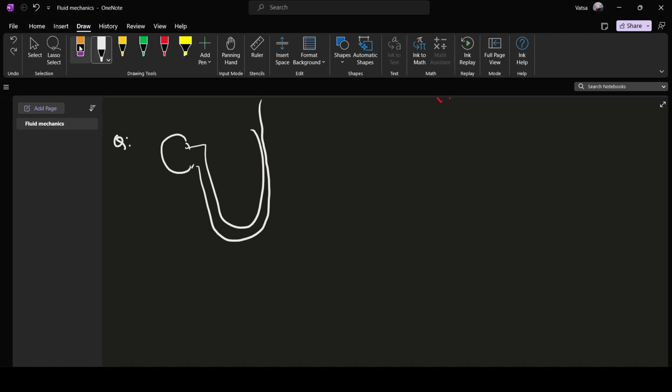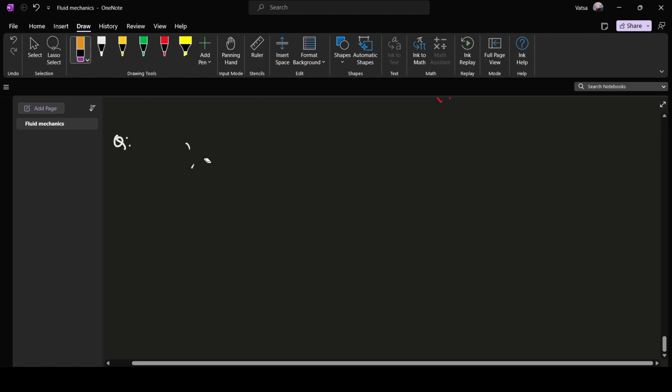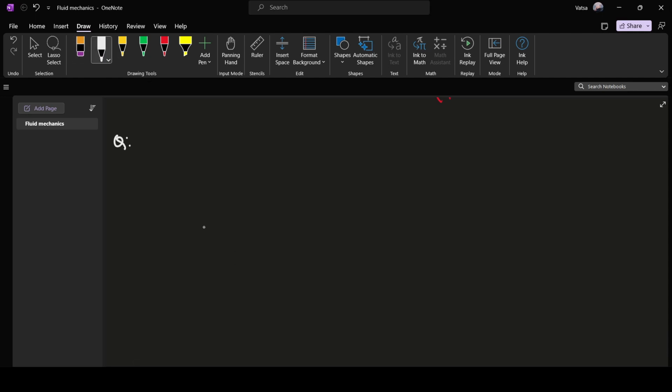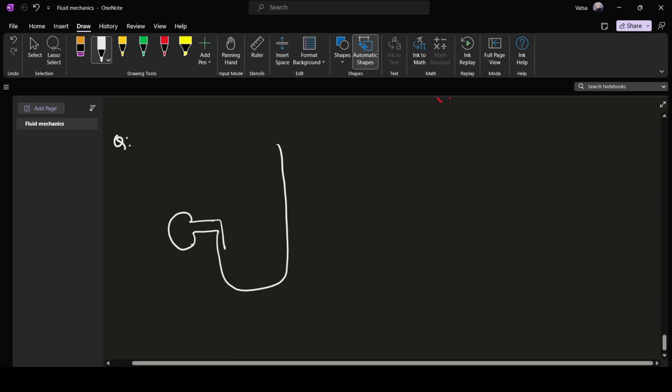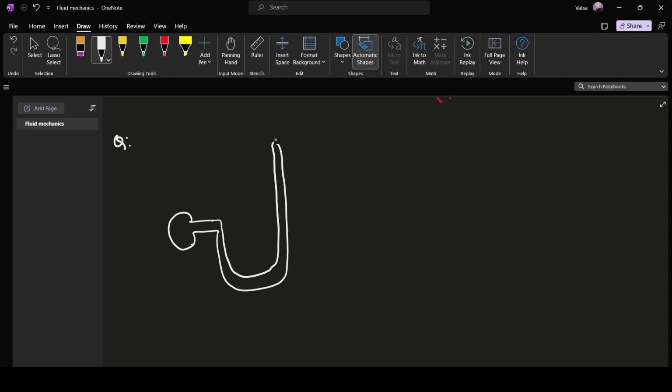My drawings are kind of bad, this pen is kind of tough to use, so I'll make it with automatic shapes. Let us assume this is the U-tube manometer and there is a liquid like this. Just assume.